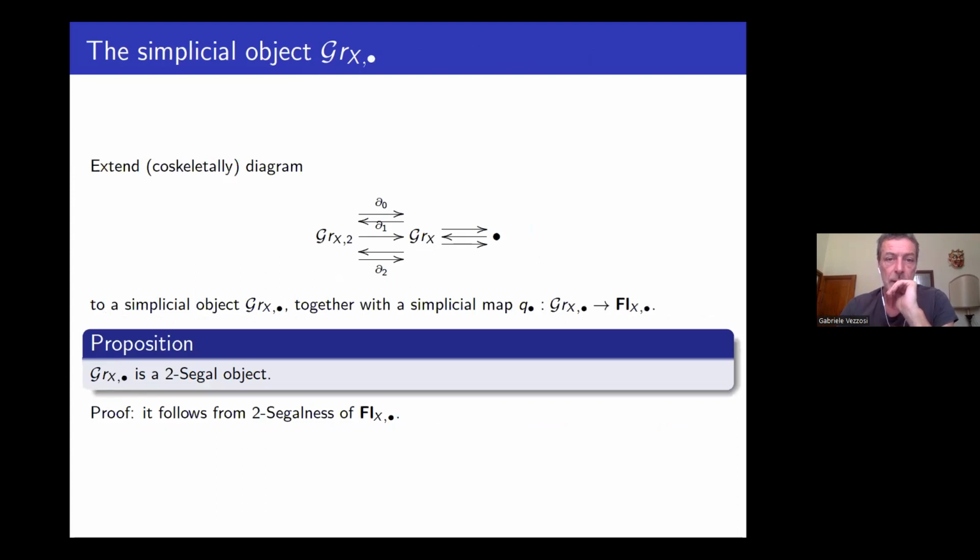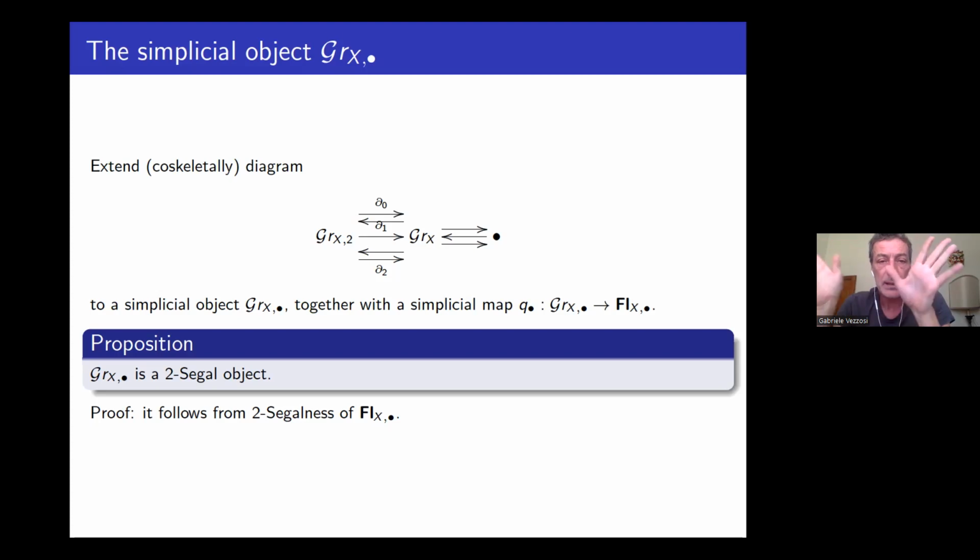So now we have this first chunk of the simplicial object, which is GR X2, GR X, and the point, and we have the obvious maps, no? Delta 0, delta 1, and delta 2, where delta 1 is the one defined through the union, and delta 0 and delta 2 are the ones defined through the projections.